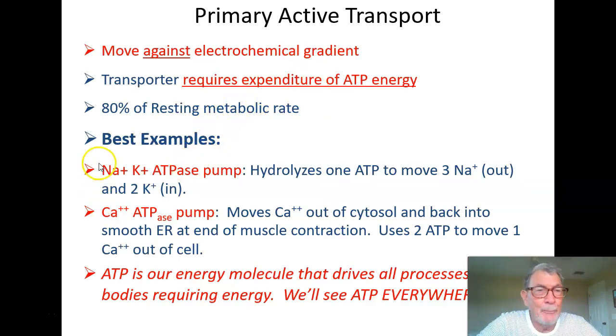Our best example is, and we're going to see this forever, so you got to know this one, the sodium-potassium ATPase pump. This means it uses the enzyme that breaks apart ATP to give you energy. So you're using ATP here to move sodium one way and potassium the other. Our extracellular fluid has a lot of sodium in it and hardly any inside the cell.